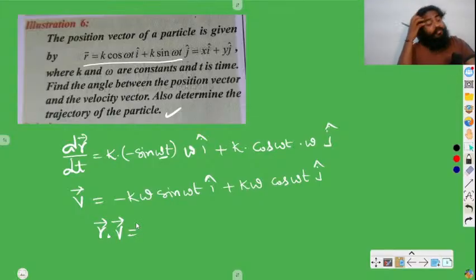Because if, for example, the dot product of these two vectors is 0, then they are perpendicular to each other. So what is r bar here?